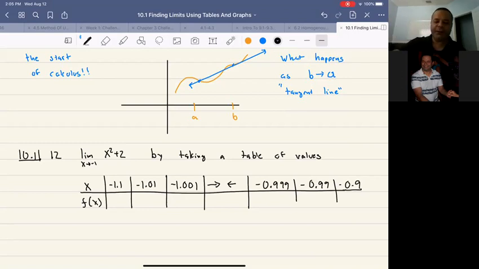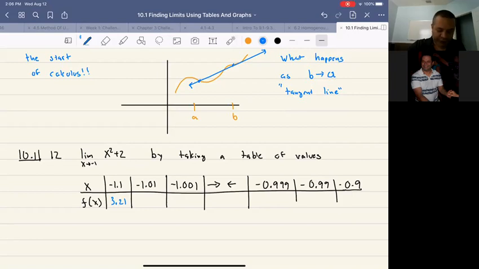I'm going to start plugging in values. I'm going to take -1.1 squared plus 2, and in this first one I get 3.21.